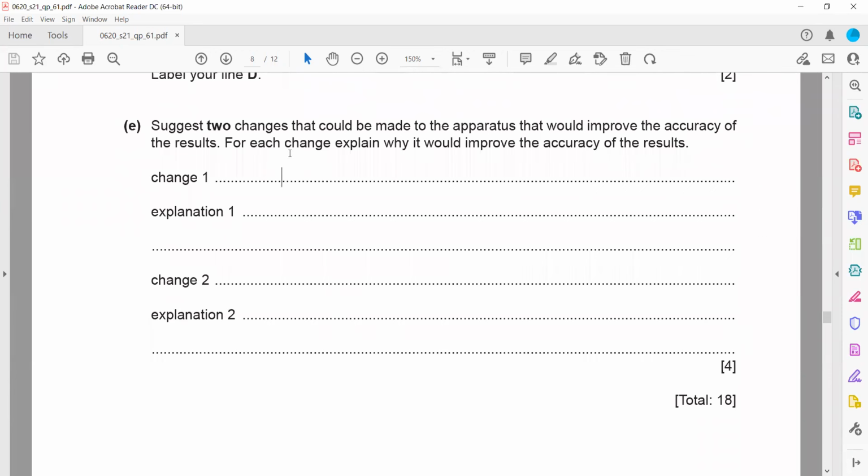So here I can mention use pipette. And the explanation, that is more accurate.